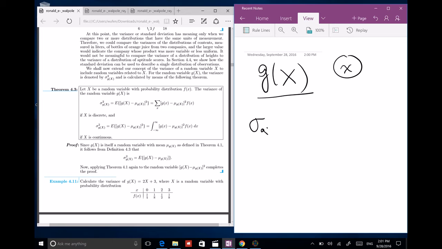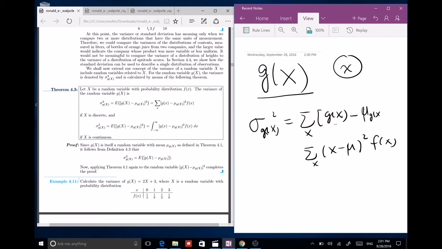Sigma squared of g(x) is defined as the sum over all x of (g(x) minus mu of g(x)) square times f(x). Previously we had (x minus mu) square, right? Now we just use g(x) minus the mean of g(x). That's the definition of the variance. If the function is g(x), just replace the x by g(x). That's it.